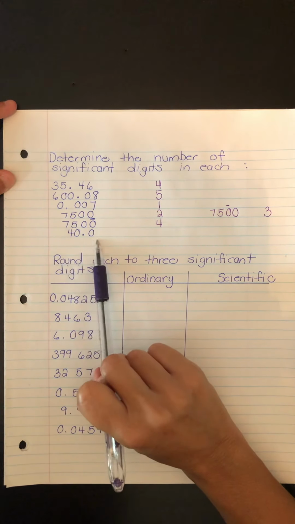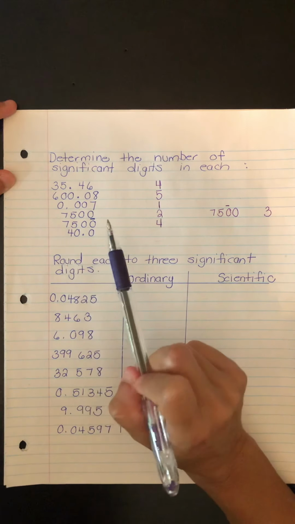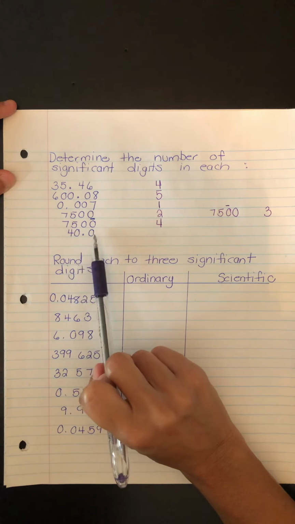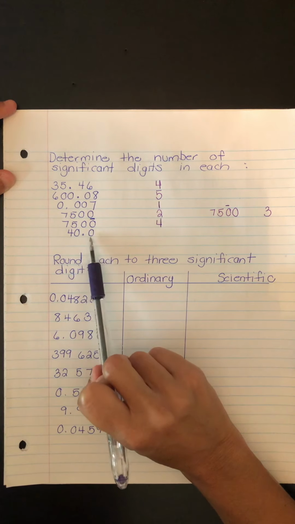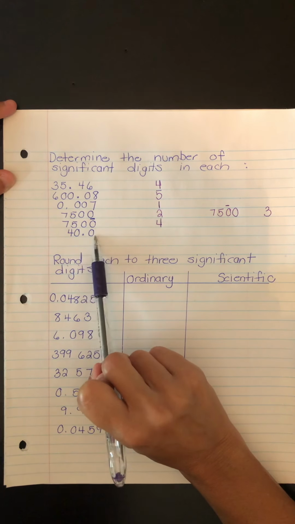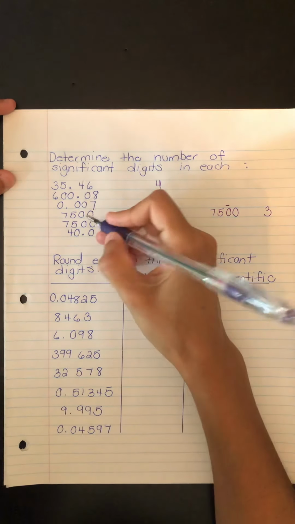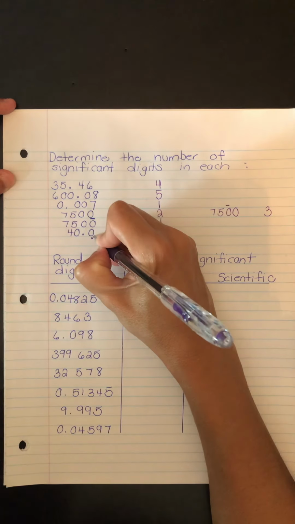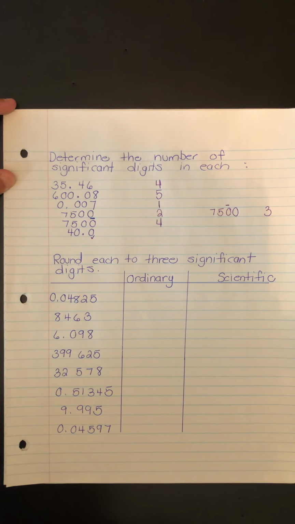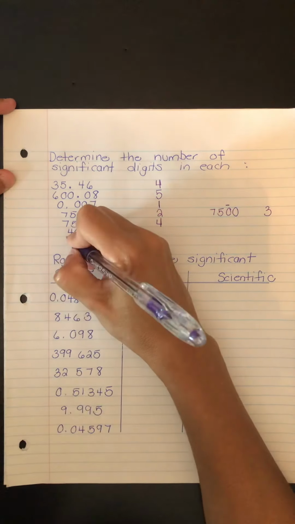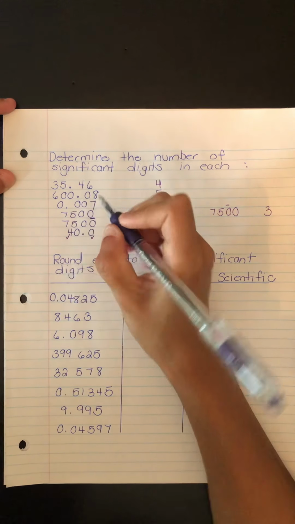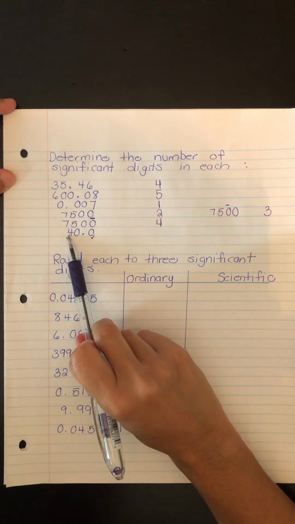Okay, let's look at this last one, 40.0. Now, we have to determine what kind of zeros these are. These are trailing zeros. Now, remember the rule for trailing zeros. They are significant if they are to the right of the decimal. So this one is to the right of the decimal, so it is significant. The 4 is certainly also significant because it is non-zero.